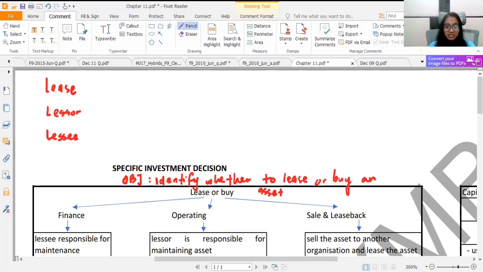So guys, what is a lease? What do you know about a lease? Okay, leasing actually is a source of finance that is commonly used by companies that find it difficult to raise long-term capital. For example, if your company finds it difficult to raise long-term loans, then you will use a lease.